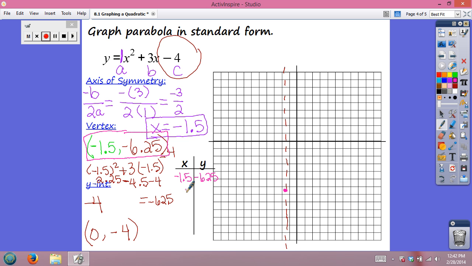The other point that we are sure of is 0, negative 4. So let's go ahead and plot that. We would like to mirror this point across the axis of symmetry. So if we have a point 1.5 units away from the axis, we have to go 1.5 units this way, which will be at the point negative 3, negative 4.